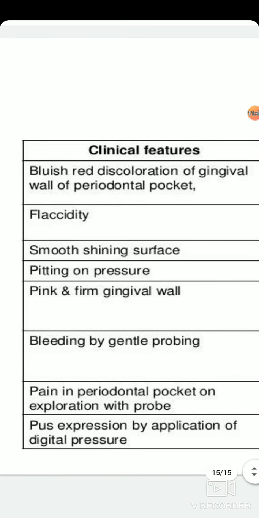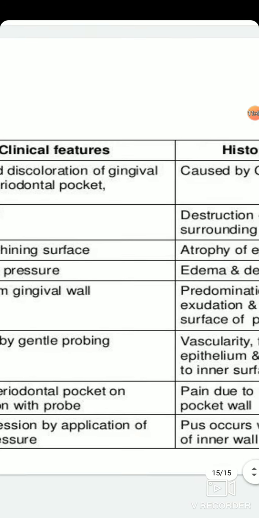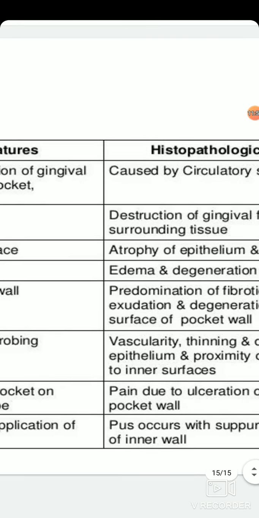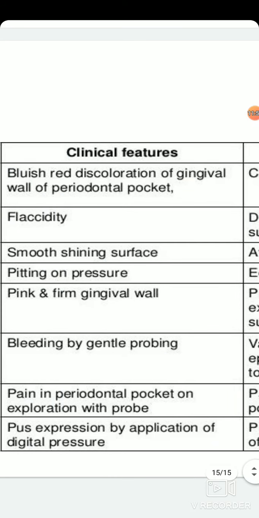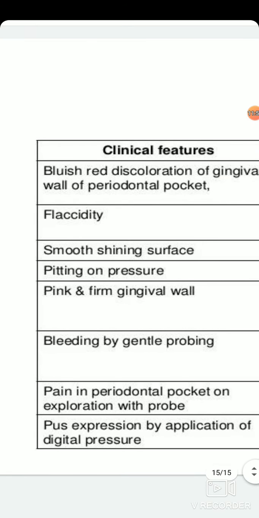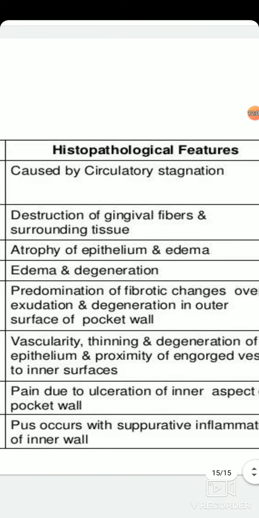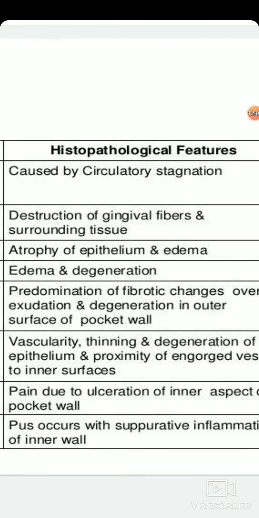Pain on exploration with a probe signifies pain due to ulceration of the inner aspect of the pocket wall. Pus expression by application of digital pressure signifies that pus occurs with suppurative inflammation of the inner wall of the pocket.